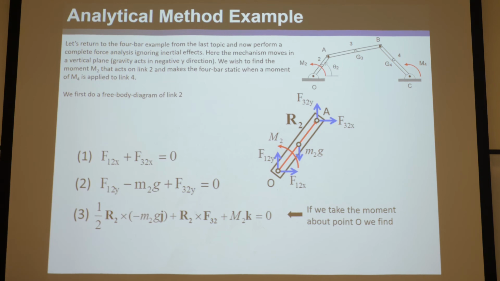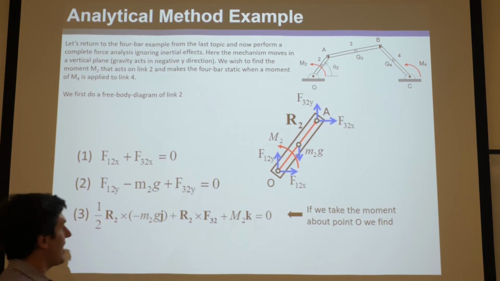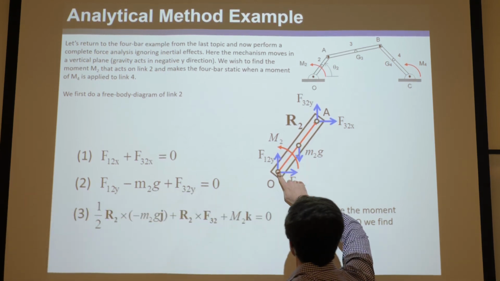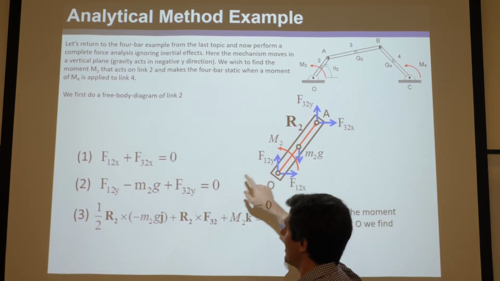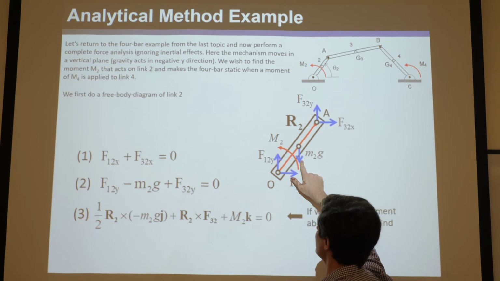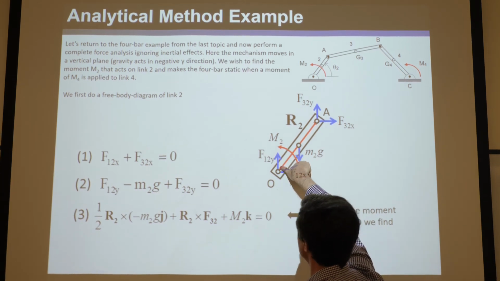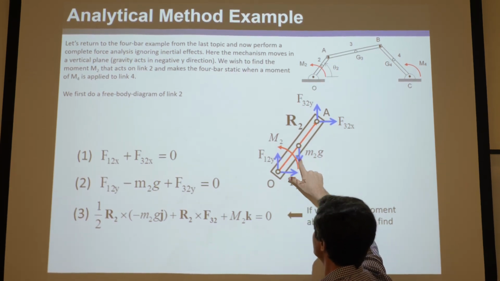This is the third equation. Okay, where you basically take R12, so it's a vector that points from there to there. Okay, and you cross product it with this one. Okay, that'll be the moment in this direction from this force.